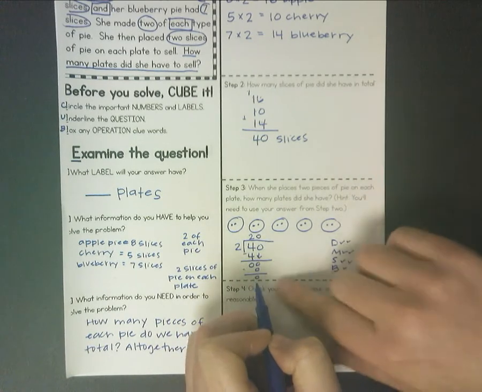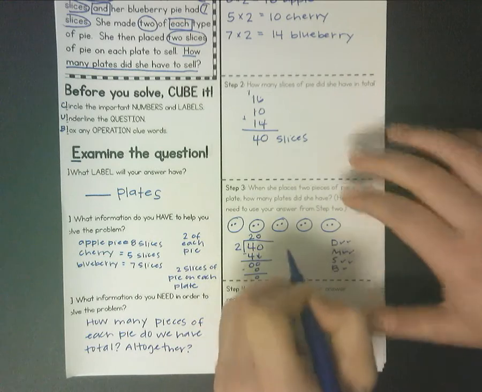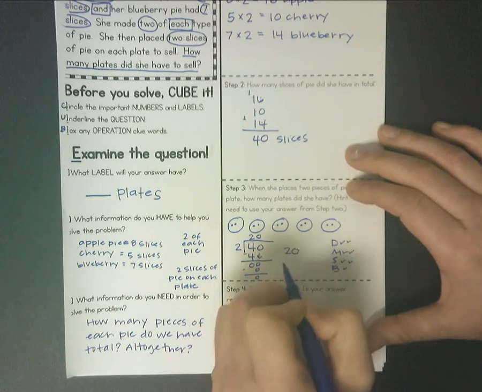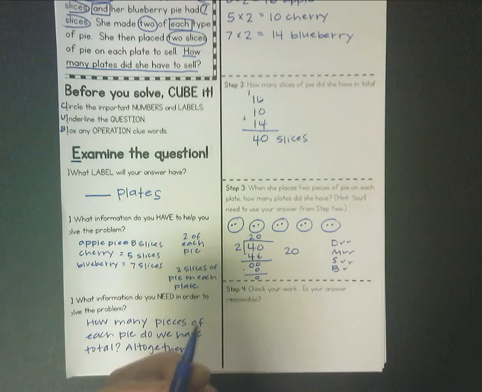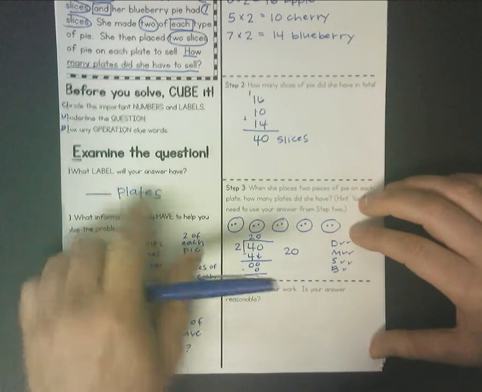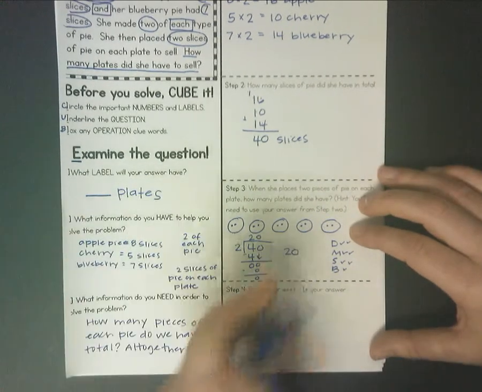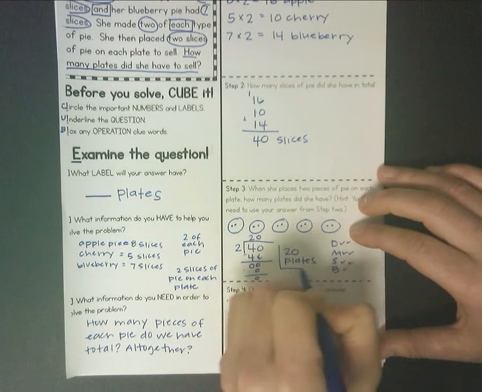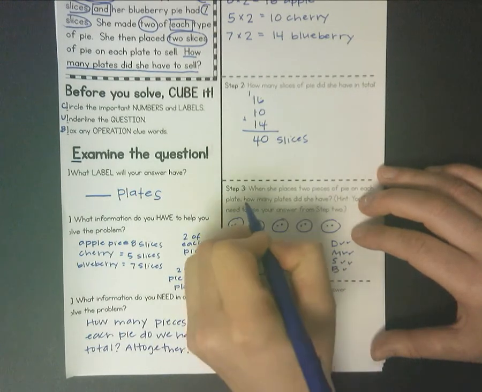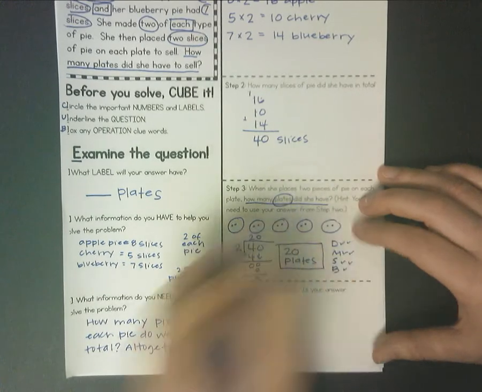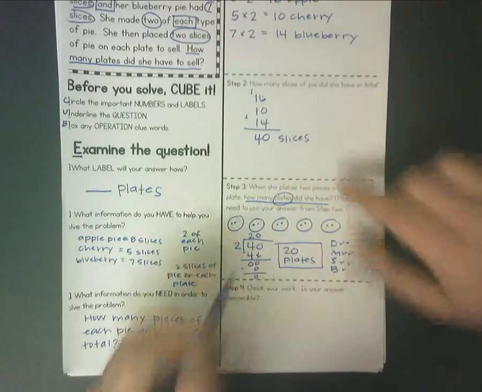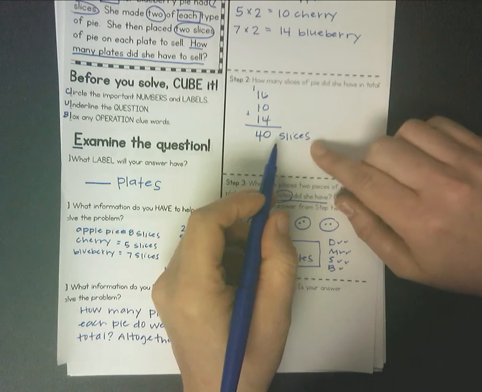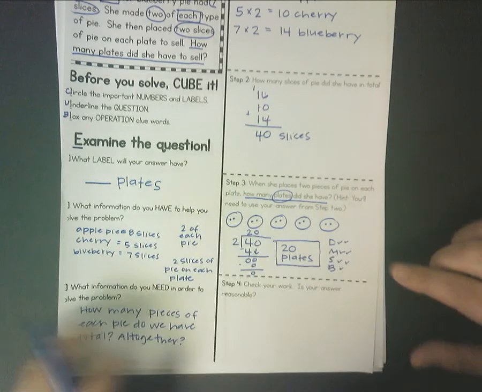And there's nothing to bring down, so this time we can stop. So we have 20. And then we want to remember our answer label. What label would have 20 plates? Because it's how many plates did she have. So instead, we were slices up here, 40 slices of pie, but 20 plates down here.